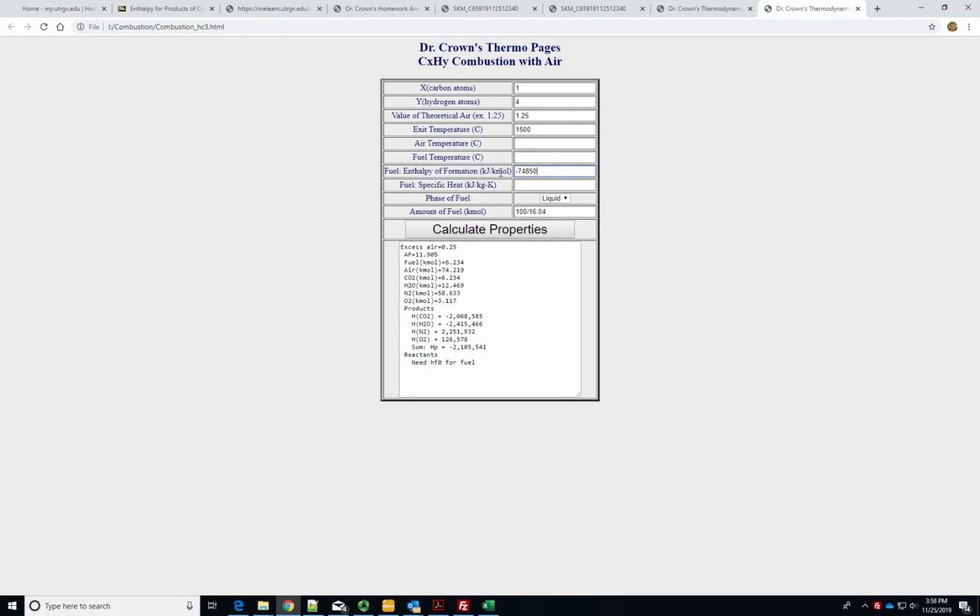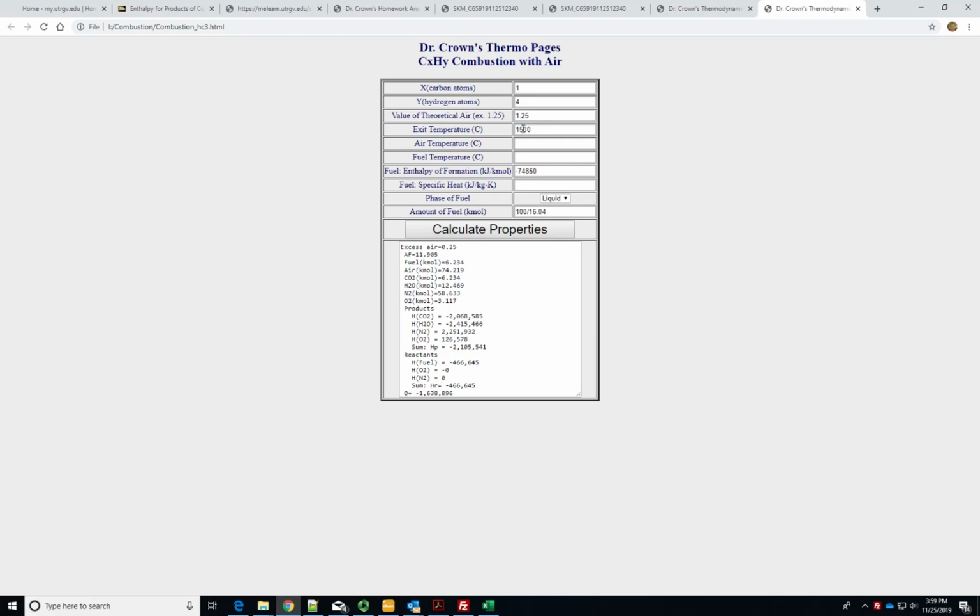And since the air temperature and the fuel temperature are 25 degrees C or 298 K, I don't need to enter them. It accepts those as the default. So here I have negative 1.6 million, so a lot of heat transfer out.